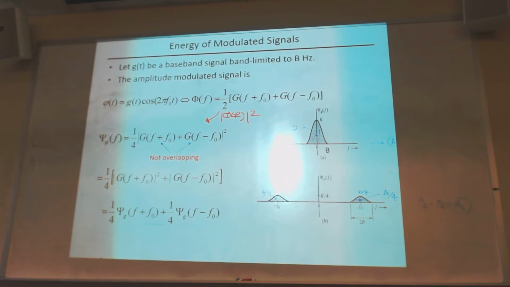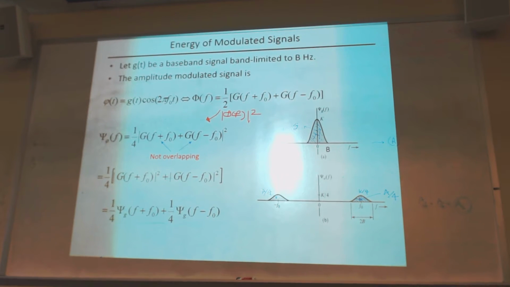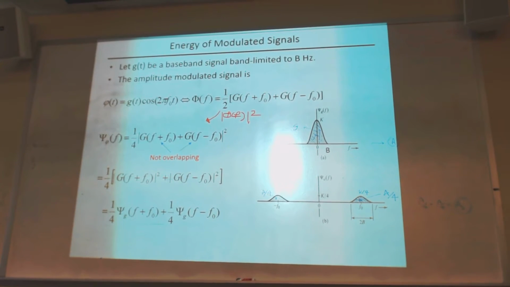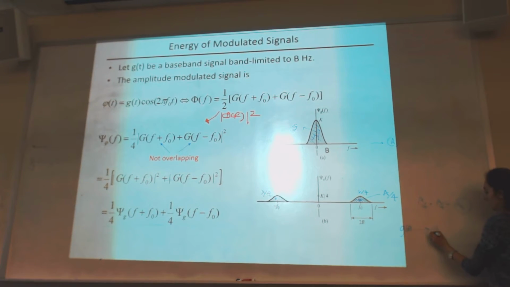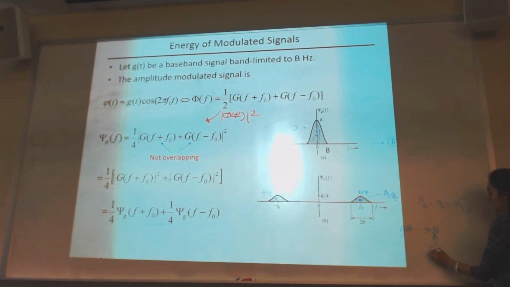Where does it go? So you have g of t multiplied by cosine to get the modulated signal.